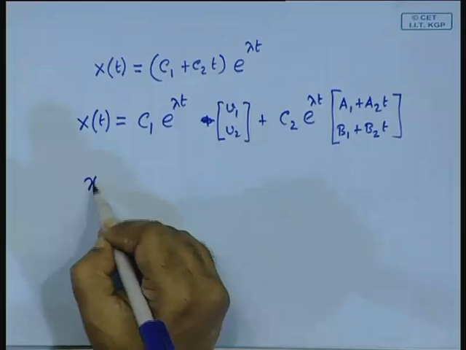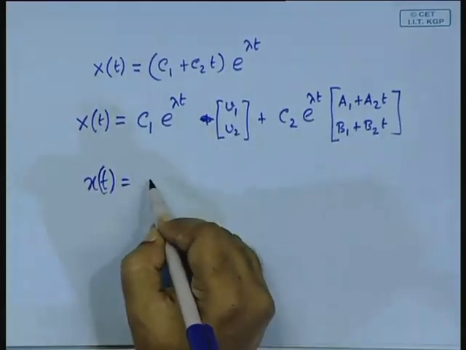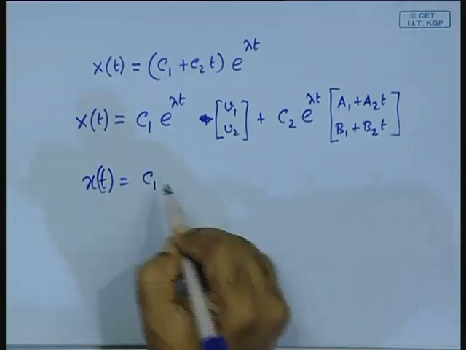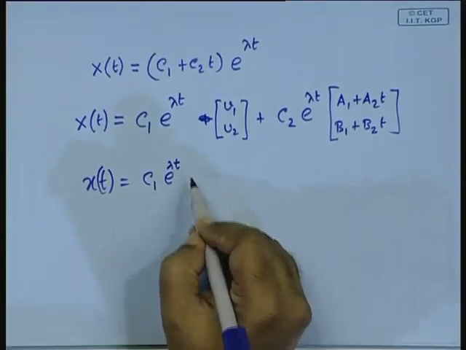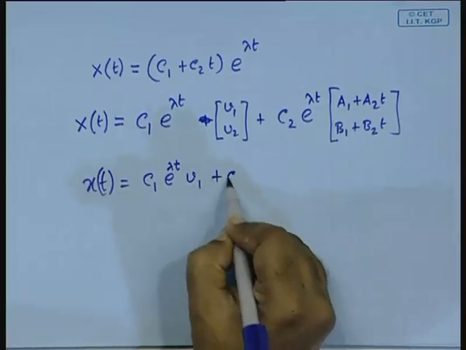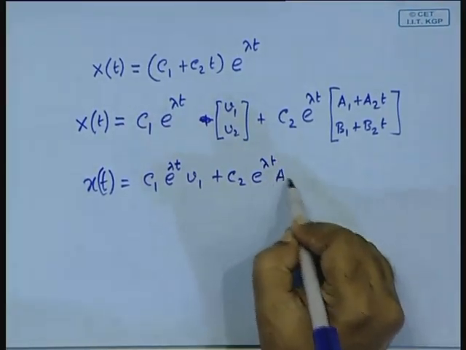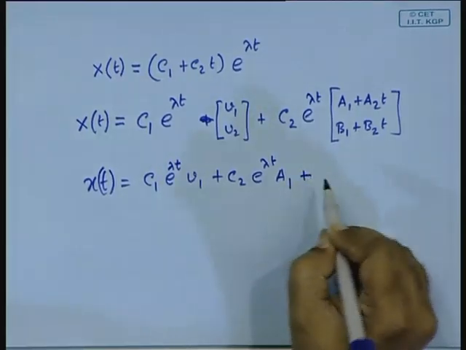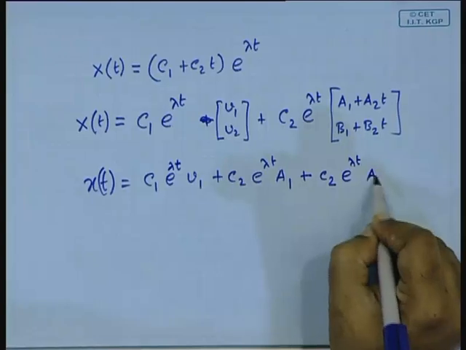So your x t is C 1 e to the power lambda t V 1 plus C 2 e to the power lambda t A 1 plus C 2 e to the power lambda t A 2 t.